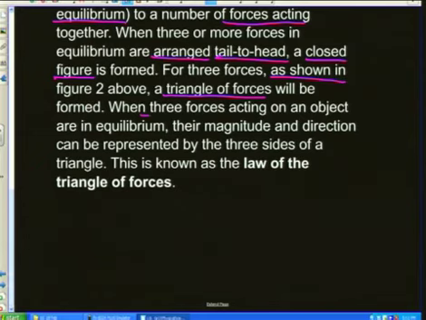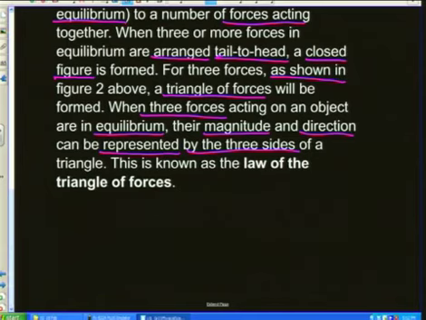Now, when these three forces are acting together on an object, and of course being in equilibrium, their magnitude and direction can be represented successively by the three sides of a triangle.